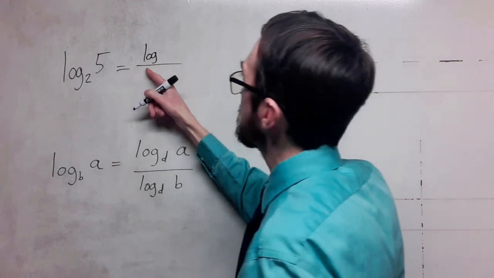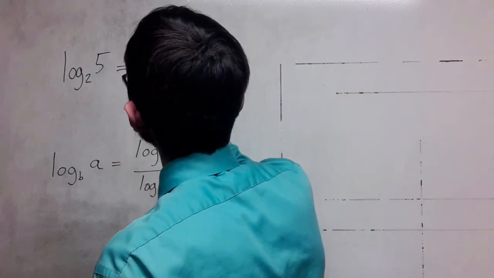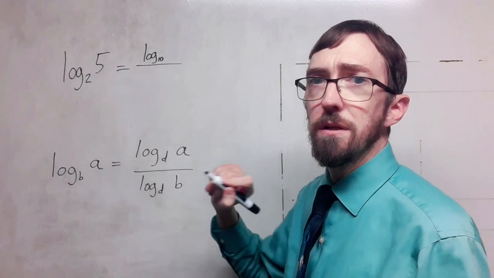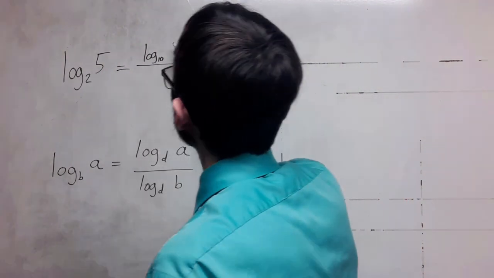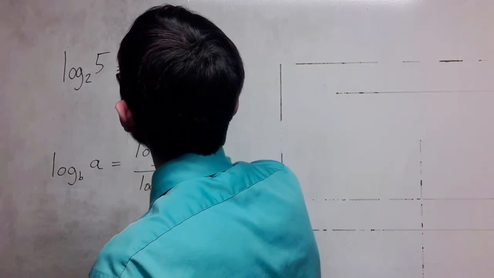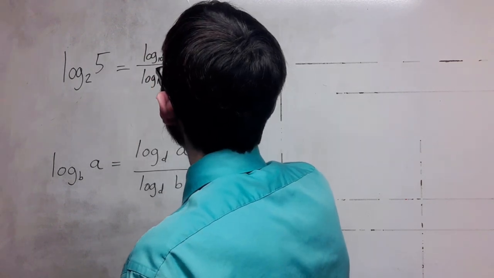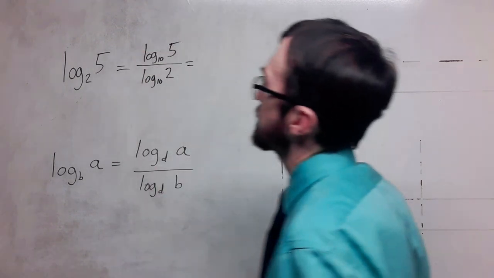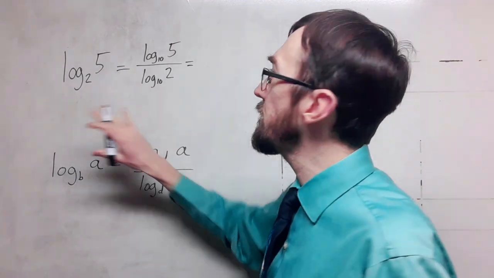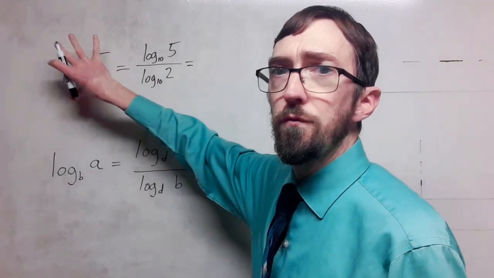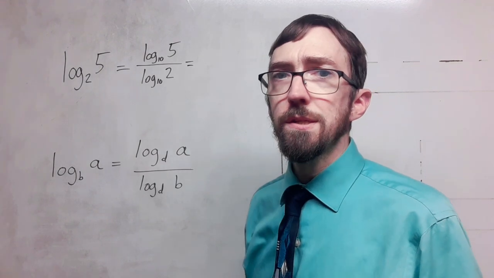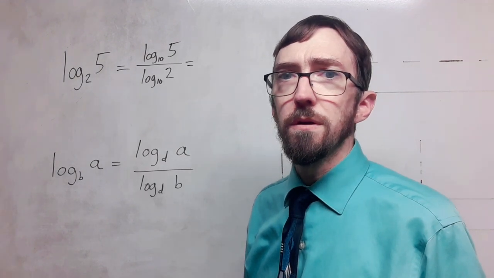We're going to write the new log here, and this is base 10. This is the LOG button on your calculator. We're going to put 5 up here, and then we're going to have log base 10 again of 2. And this, when you type that in your calculator, will have the same valuation as the original function that we had here that we didn't have a button on our calculator for.